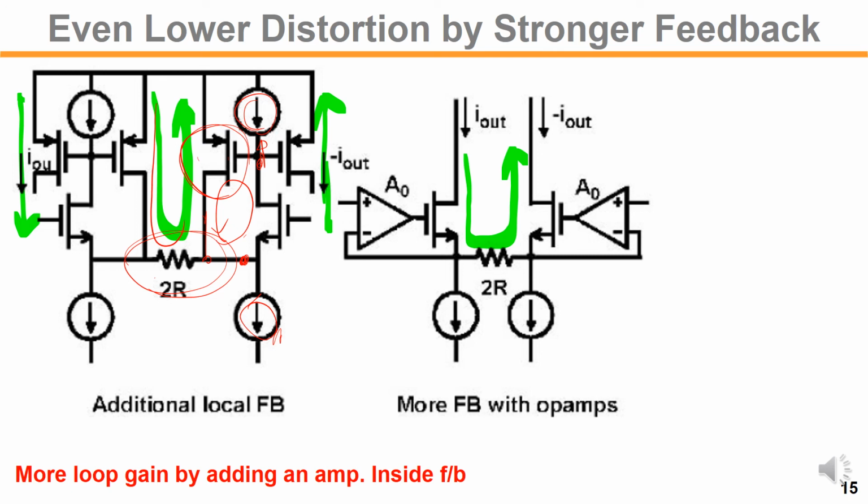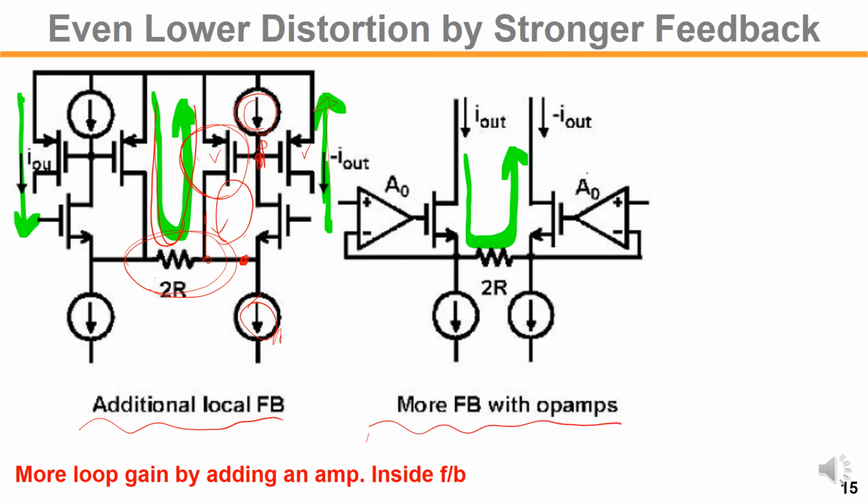So all the variation flows through here. The shared gate voltage on the left and right replicates the current. This kind of additional local feedback loop linearizes the response more. One step further, we can have an op amp.